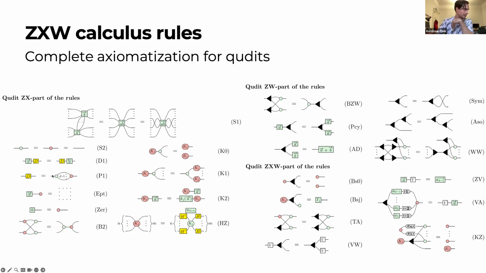So for example, this d-1 would be this with d-1 written there, right? And then if you have k wires between the green and the red, then that's going to be k. It's called a multiplier, and it's going to multiply your computational basis state with k, if k is the value on this multiplier.